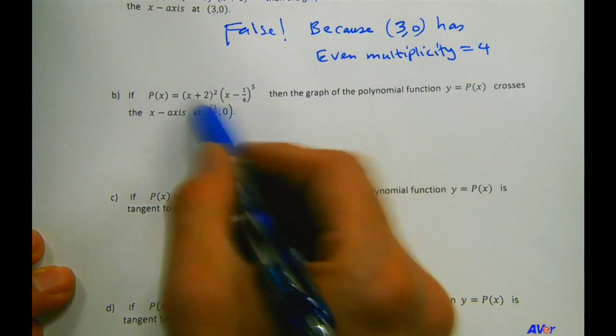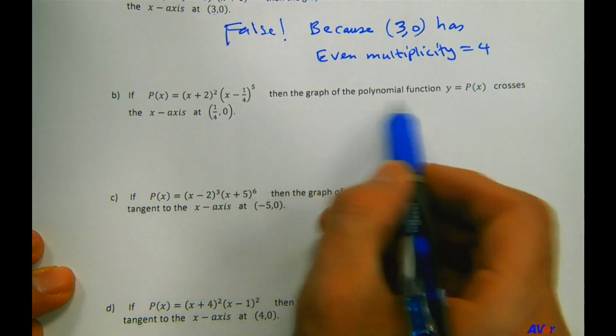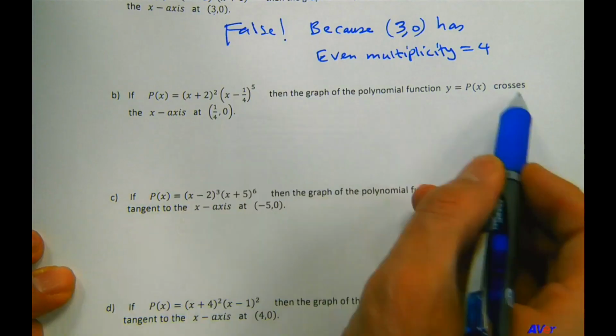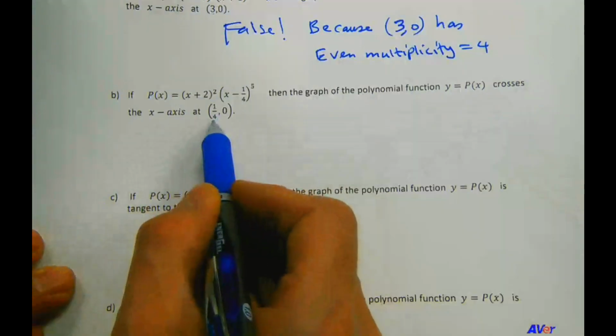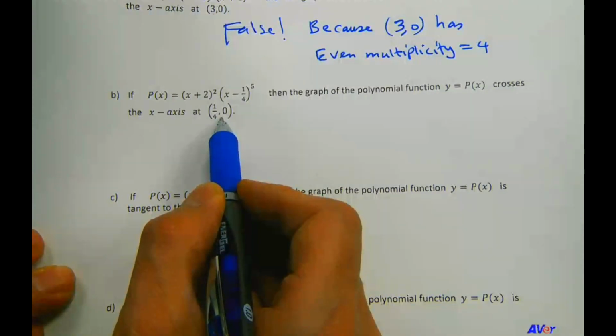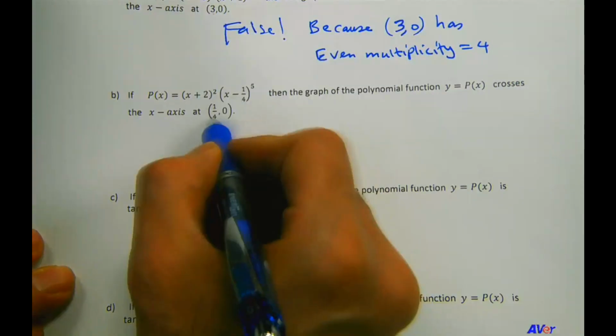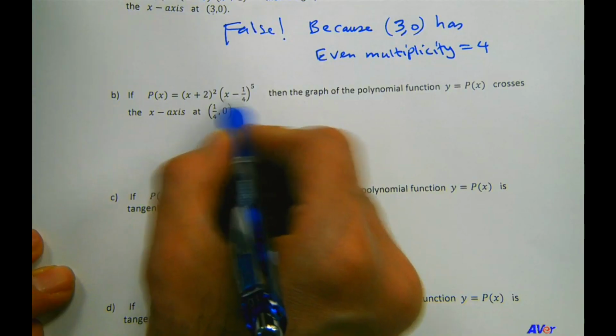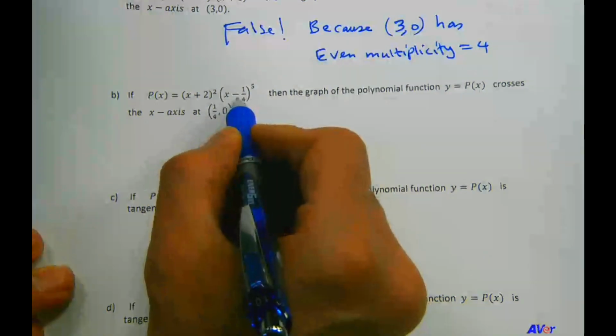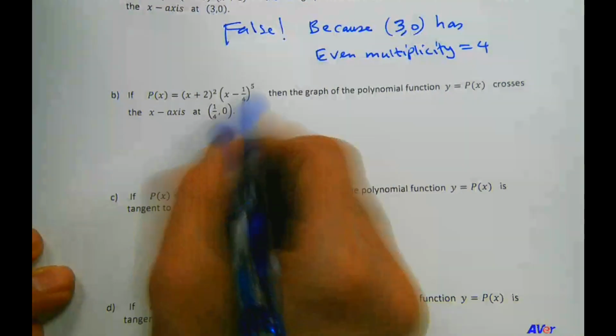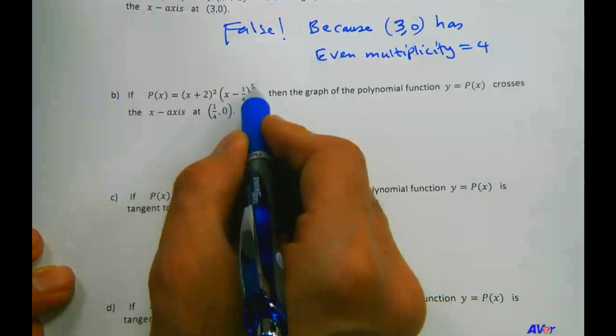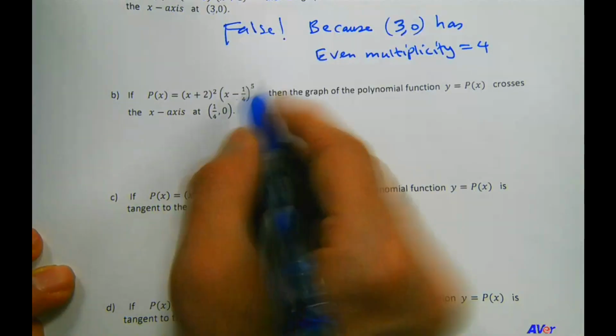This polynomial, factored in this form, crosses the x-axis at 1/4, 0. What do you think? Well, 1/4, 0 must have come from this factor, right? So then, what is the power of that factor? 5, which is odd. So this is true.